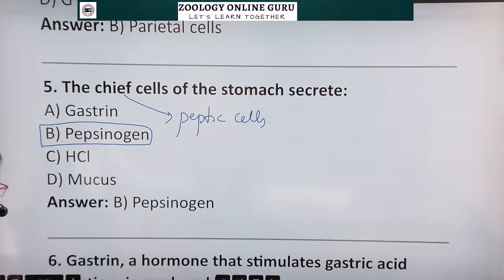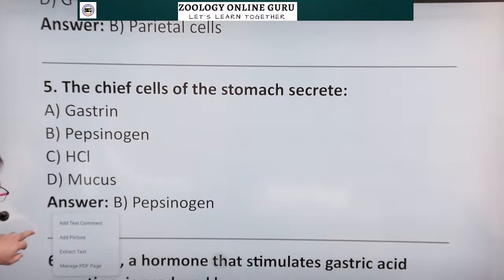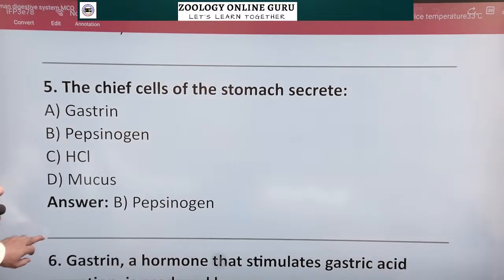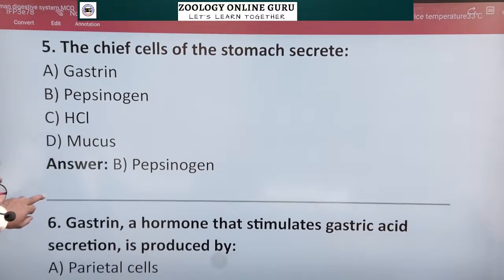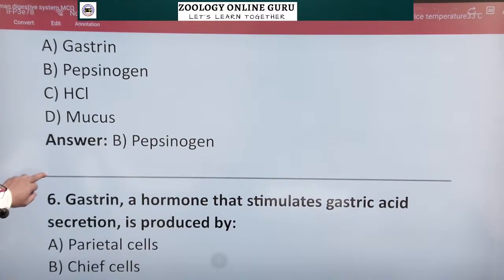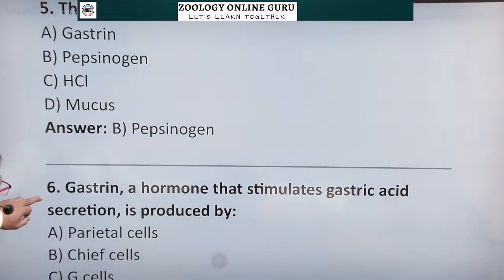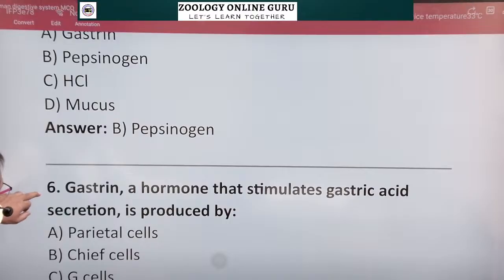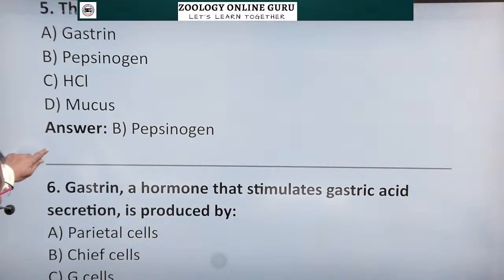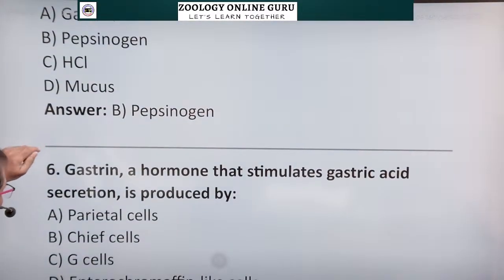Next, question number 6. Gastrin, a hormone that stimulates gastric acid secretion, is produced by which one? Parietal cells, chief cells, G cells, and enterochromaffin-like cells.